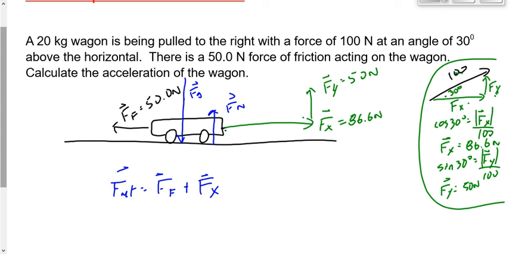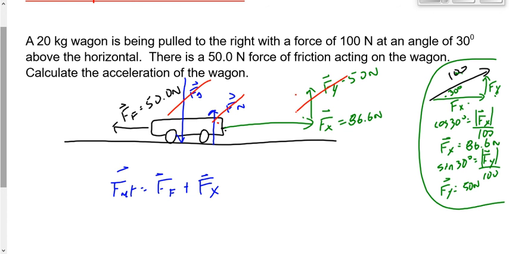When we're pulling on the wagon at an angle, the normal force doesn't have to push up as hard because I'm helping it along. So this cancels with the normal force and Fy combined. The total upward, normal and Fy, gives me the total downward.